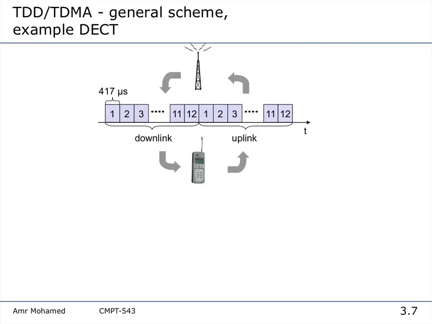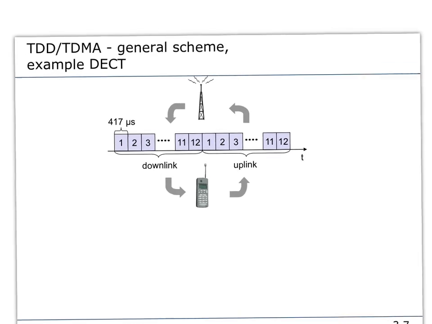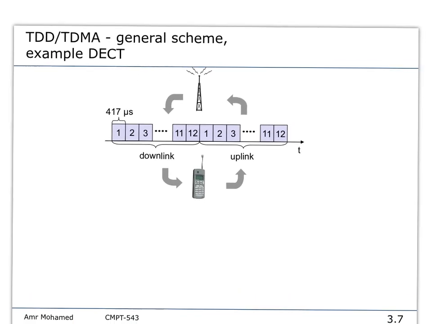Another standard that uses a different scheme, a TDMA scheme, is DECT. We talked about DECT as the standard for cordless phones. It's sort of outdated now, but unlike GSM, DECT uses TDD TDMA. So it does the same thing, but in the time domain.